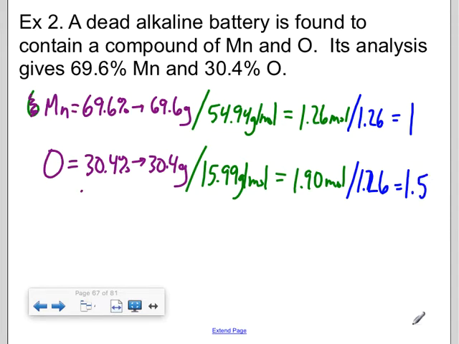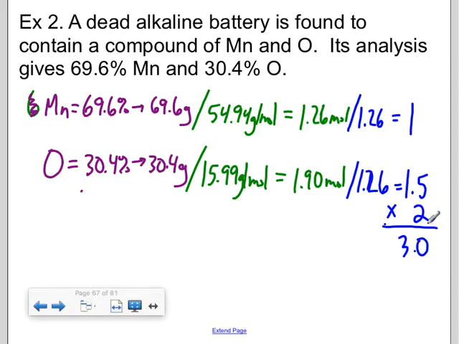Okay, now we got a little problem here. That value 1.5 is not close enough to a whole number. However, I could multiply everything by 2 to get that to a whole number. So if I multiply 1.5 by 2, now what do I get? 3.